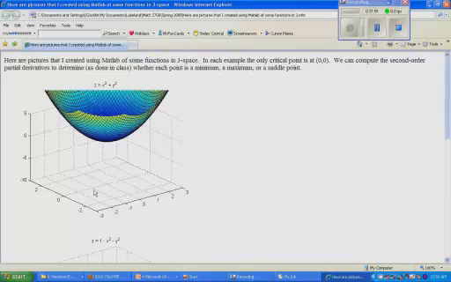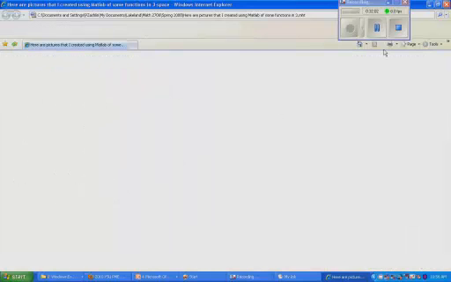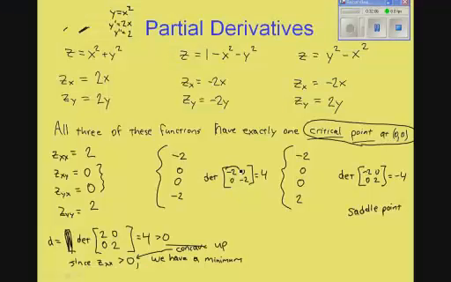And so if D is positive at the critical point, then you could just check one of the second derivatives. Same thing with this one. Here, since that's negative, concave down, I have a maximum. So these are the kind of things you look for. Okay? Questions on that?